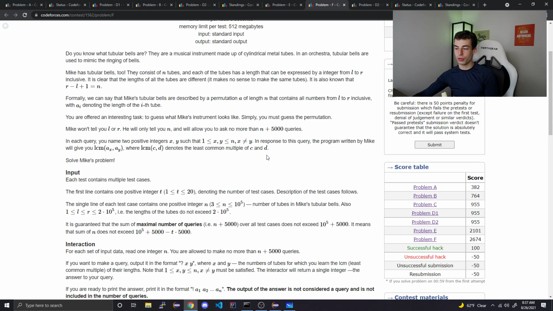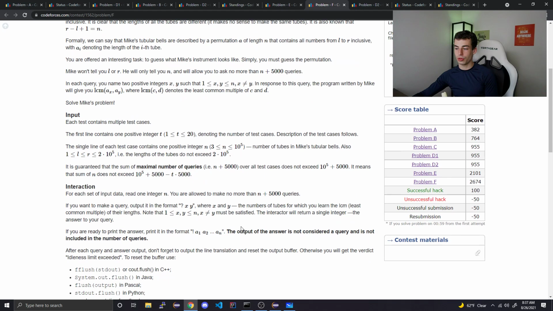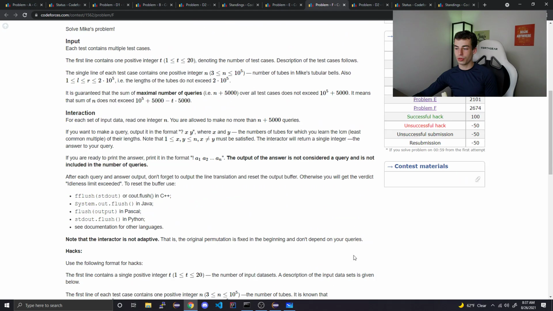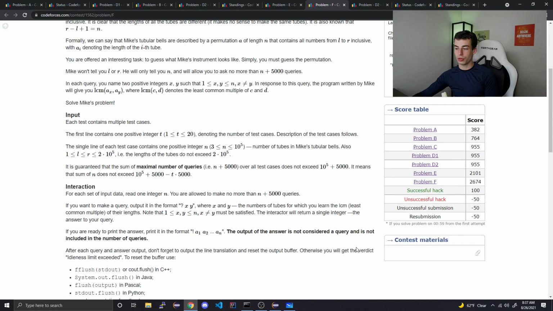Yeah, okay. I think I see. Is this interactive? It's not adaptive. I wonder if this is abusable. So, you got some permutation of numbers.